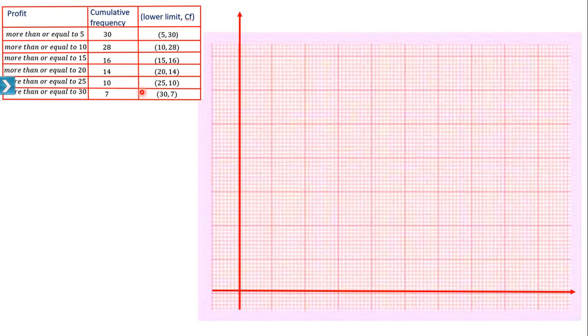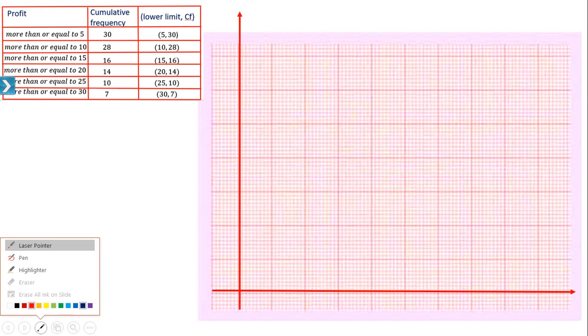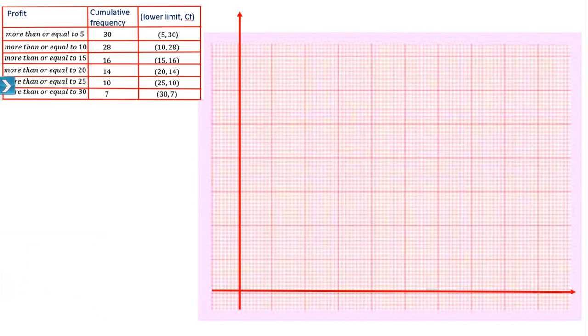Now, let us draw graph for this more than type cumulative frequency distribution table. Take a graph sheet, draw x axis and y axis. This is x axis and vertical line is y axis, and this is the origin.